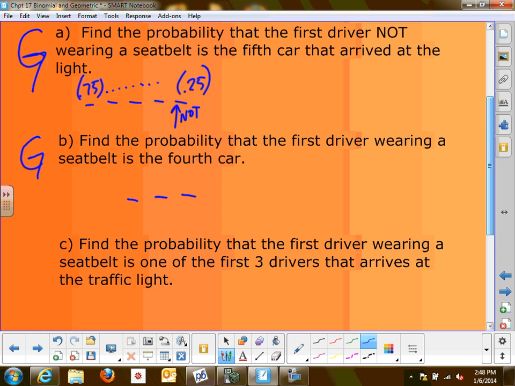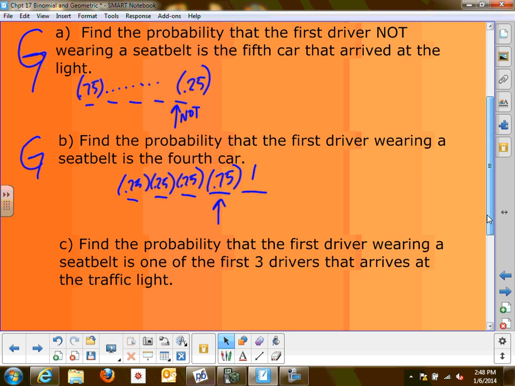So I'm telling you what's happening at the 4th. The first 4th is the what? The first one wearing it. So what percent goes here? Okay, so this is your 0.75, which means all of these were your 0.25s. Hey, what about this 5th person? Yeah, who cares?